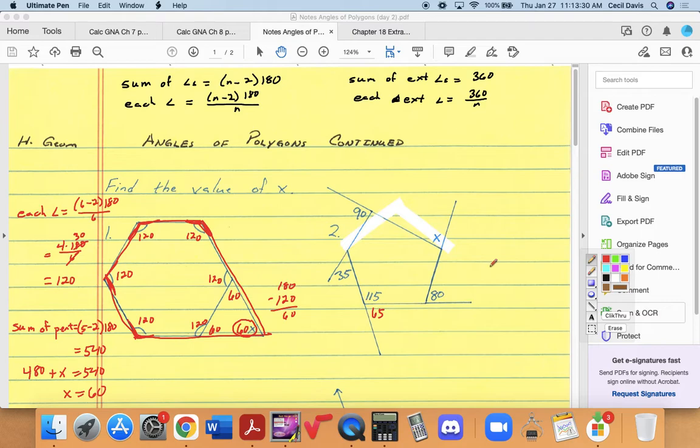And what's the sum of the exterior angles supposed to be? 360. So we're just going to add 90 plus x plus 80 plus 65 plus 35. And that's supposed to be equal to 360. Let's see, that's 180, 270.